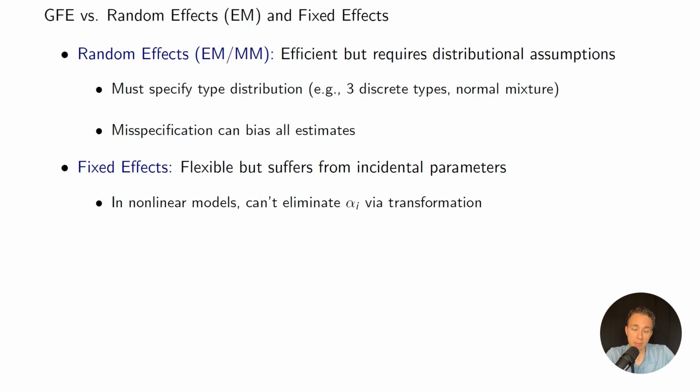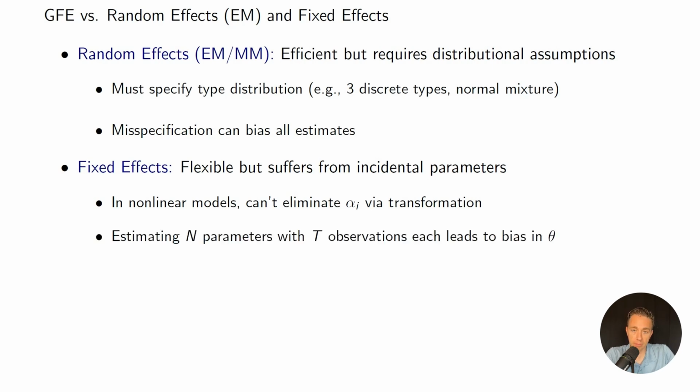And so if I let my sample size grow to infinity, then I'm going to get an infinite number of parameters that I have to estimate. And that's a problem. That's why we call it the incidental parameters problem. So the bottom line is I have too few data points to estimate the fixed effects, and that's going to lead to a bias in the estimate.